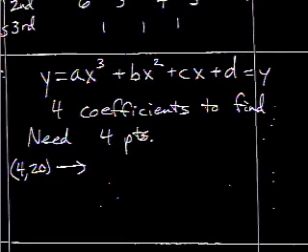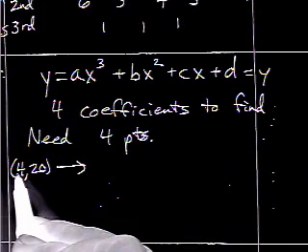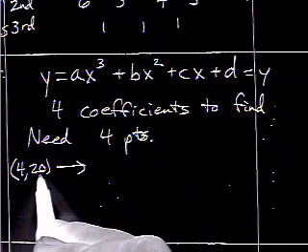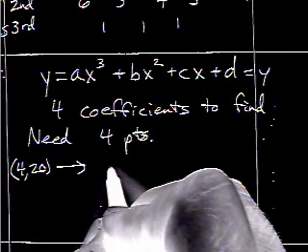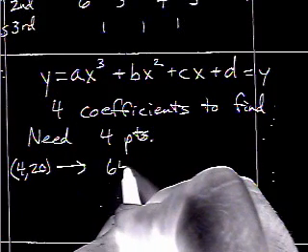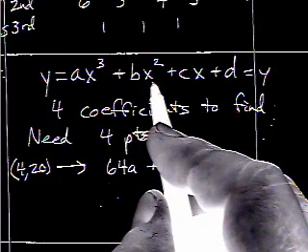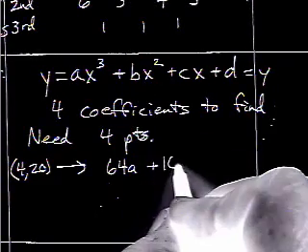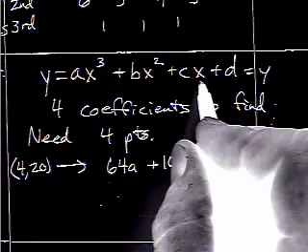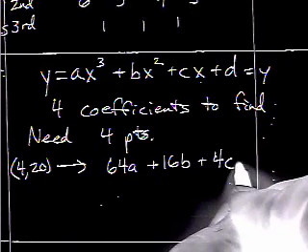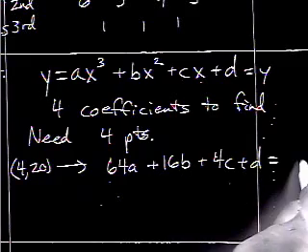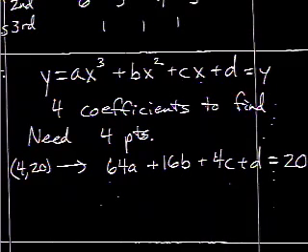All right, so from that coordinate 4, 20, we plug in the 4 for the x and the 20 for the y. That gives me 4 to the third, which is 64, times a, plus 4 squared, that would be 16 times b, and 4 times c, and lastly d equals 20.